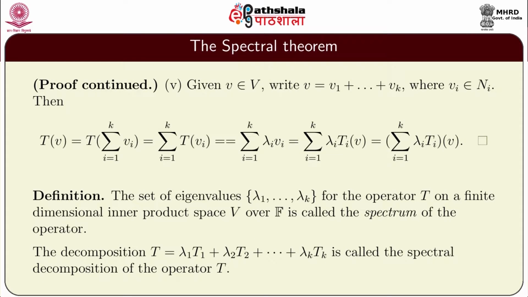And finally, given vector v in the vector space V, we write v as v1 plus v2 and so on up to vk, where vi belongs to the eigenspace Ni, then T of v, which is T of summation vi, i equal to 1 to k, which is summation T vi, i equal to 1 to k, that is equal to summation lambda i vi, i equal to 1 to k, because vi's are in the eigenspaces, therefore they are eigenvectors with respect to the eigenvalue lambda i, and that is equal to summation i equal to 1 to k lambda i Ti v, because Ti's are the orthogonal projections, and that is the same as summation i equal to 1 to k lambda i Ti of v.